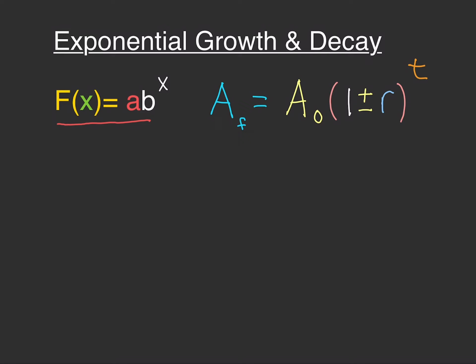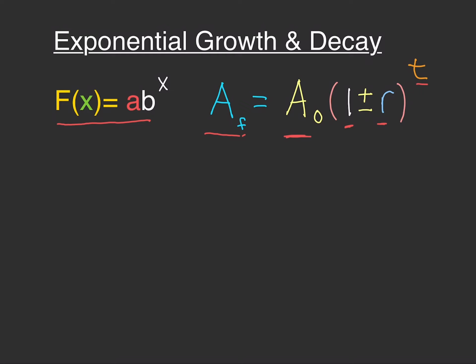And then one you might run across is a little bit more advanced, where it says A sub F, that would mean the final amount is equal to the amount original, the starting amount. Then we have a parentheses, and notice in here I have a 1 plus or minus r, and it's to a power of t. So that's also a type of exponential growth or decay function.